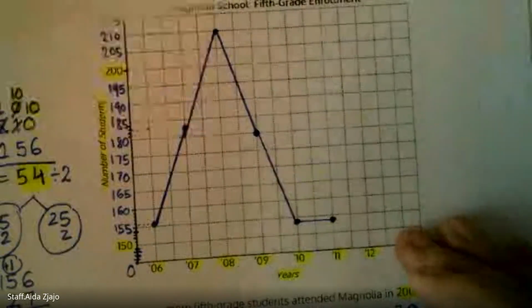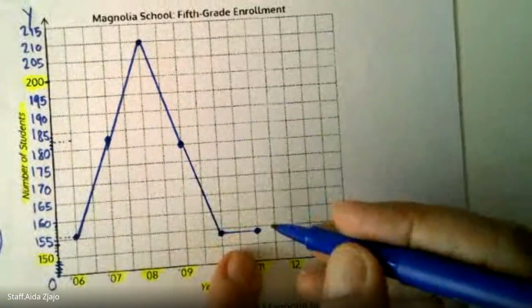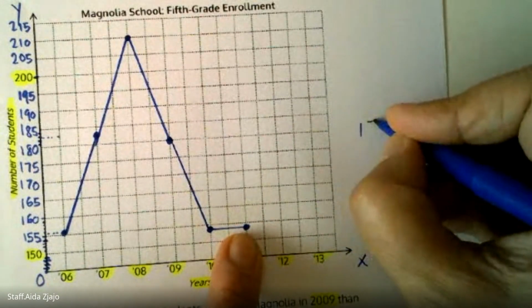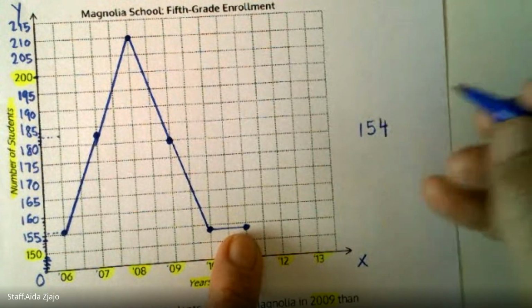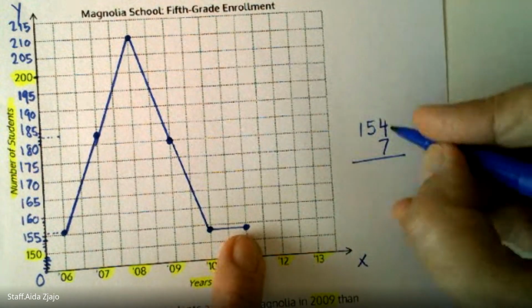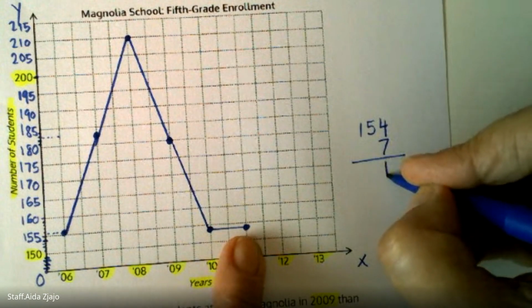So if we go that, it was 154 here, and then 154 plus 7. This would be a 7 and 4 is 11.